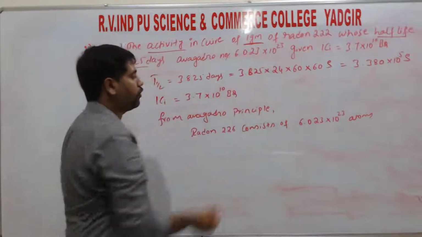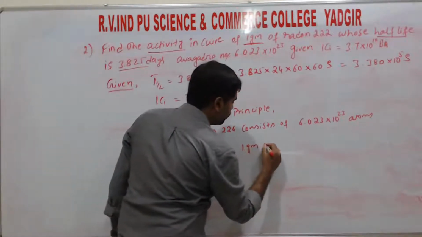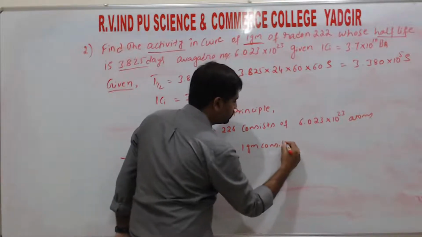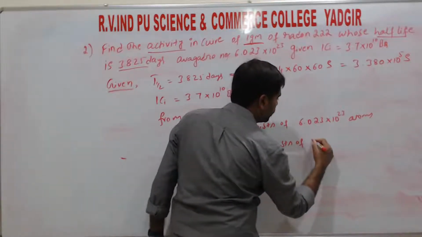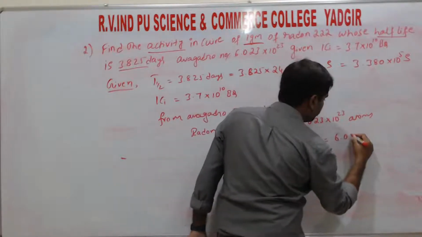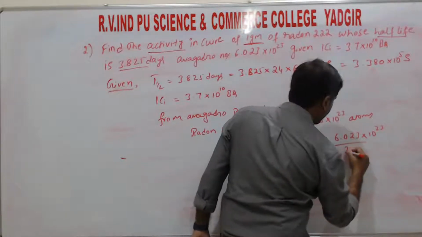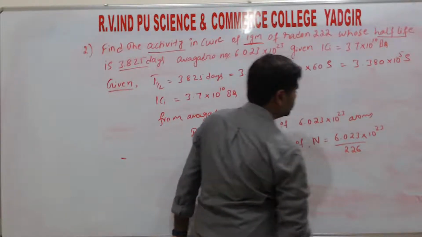So here we need to find for 1 gram, right? So 1 gram consists of n, that is equal to 6.023 into 10 to the power of 23 divided by 226.